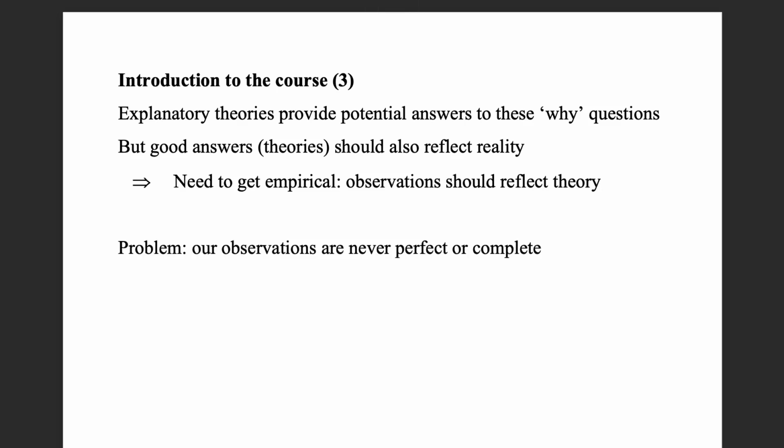Now, if we want to do that, we are going to face a very big, very fundamental problem. That problem is that our observations are never perfect and they are never complete.